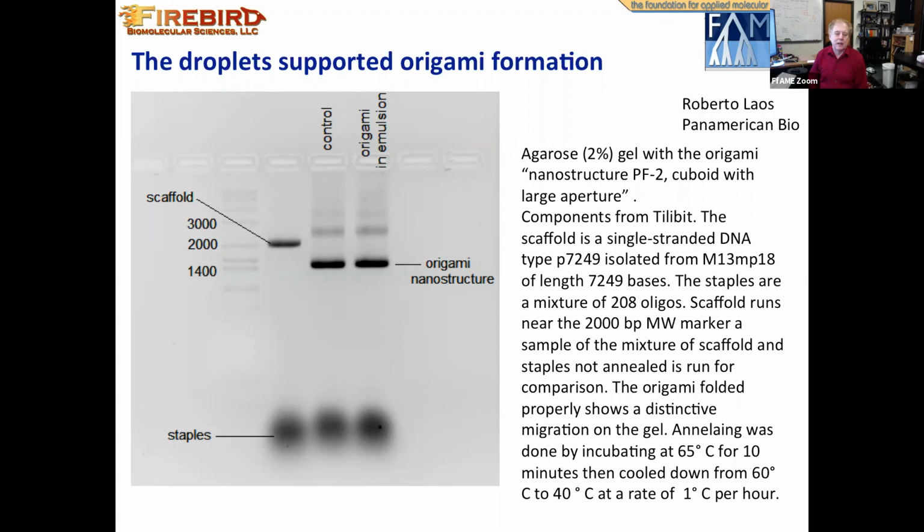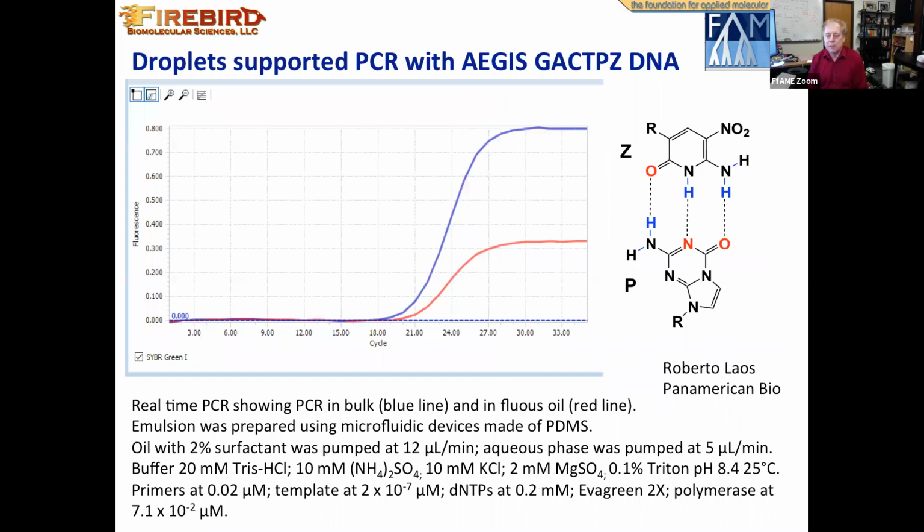There's the scaffold on the left, about 2,000, whatever. And then the origami structures on the right, you can form them in solution. That's what's in the control lane of this gel, or you can form them in the emulsion. That's relatively straightforward. Of course, that requires no enzymes, but PCR does require enzymes.